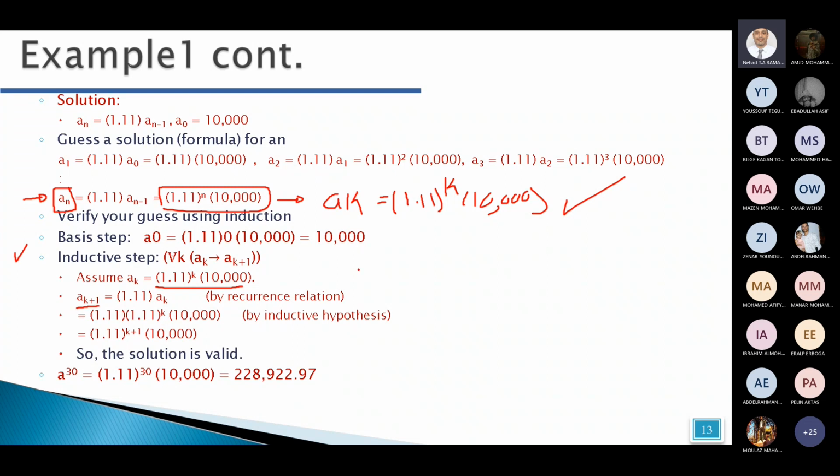Let's apply it for Ak plus 1. Ak plus 1 equals 1.11 power k plus 1, multiplied by 10,000.